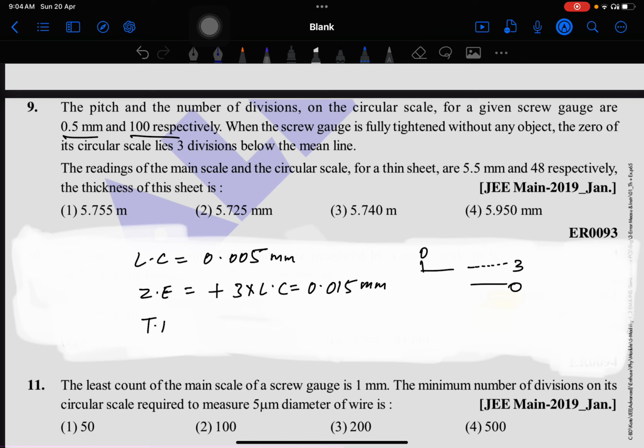The true reading is the shown reading, 5.5 mm plus 48th division into the least count 0.005 mm, minus the zero error, minus 0.015. I hope one of the options matches.